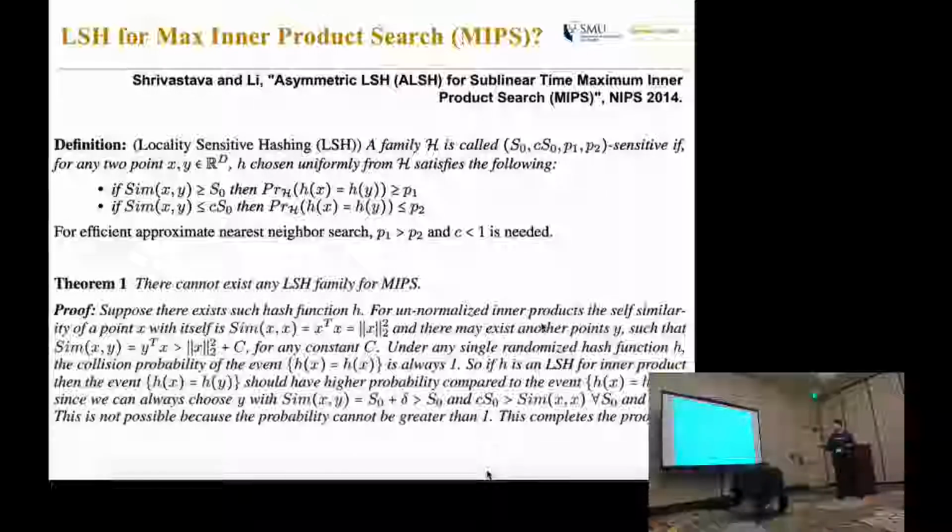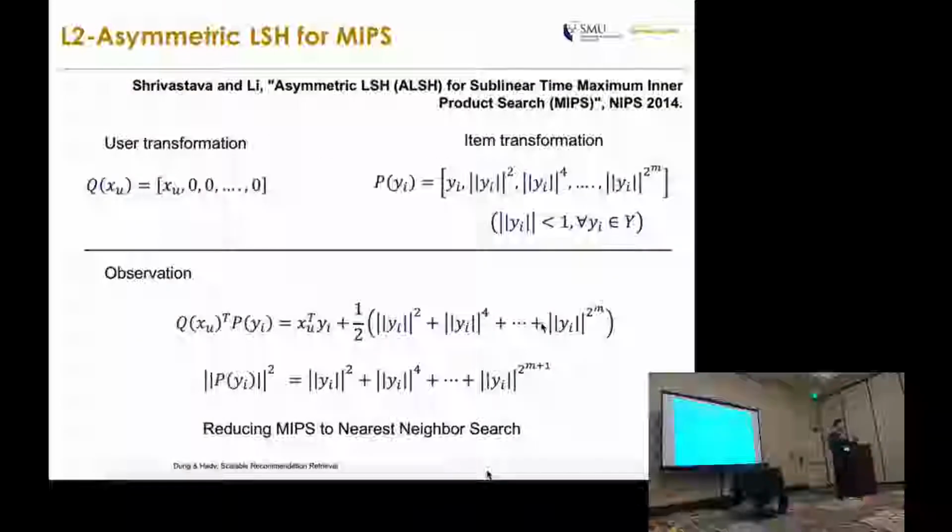You can find the proof of this result in the paper of Shrivastava and Li, published in NIPS 2014. Since there doesn't exist a classic locality sensitive hashing scheme for maximum inner product search, you need a way to work around this problem.